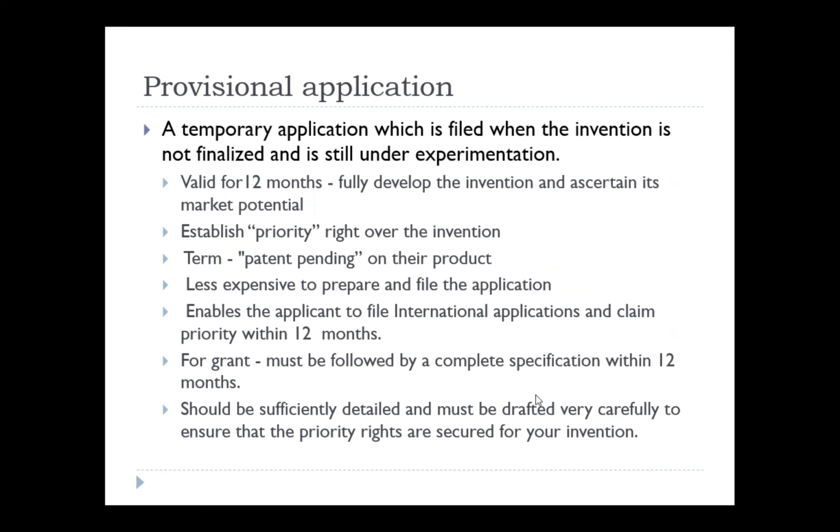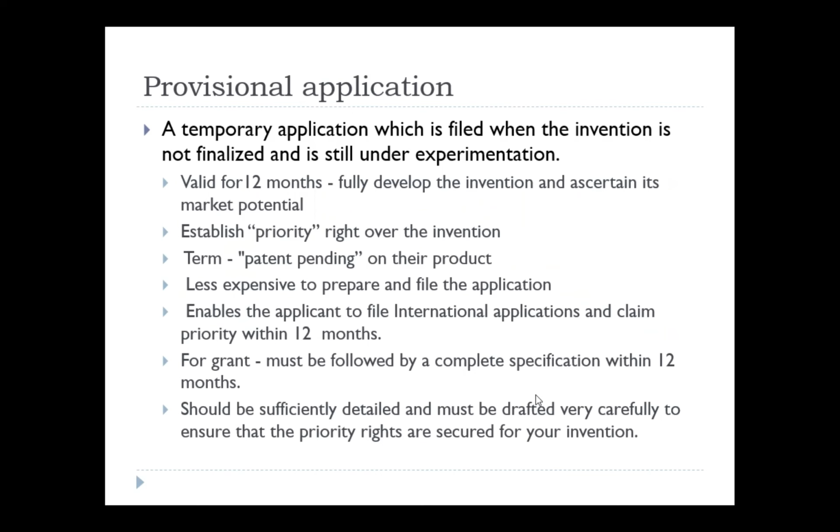And again, cost wise, it is less expensive to prepare and file the application, which enables the applicant to file an international application and claim priority within 12 months. The grant must be followed by the complete specification within 12 months.